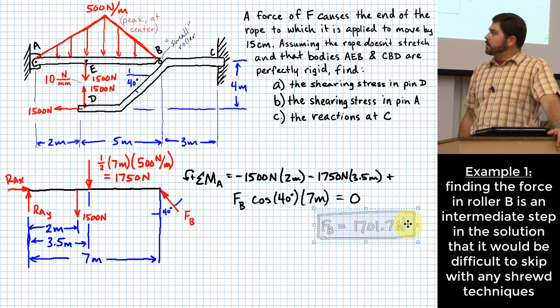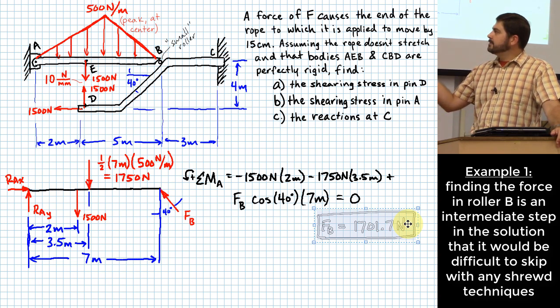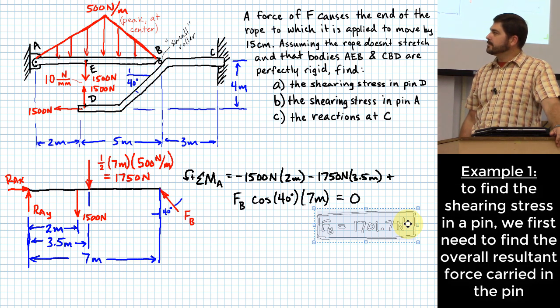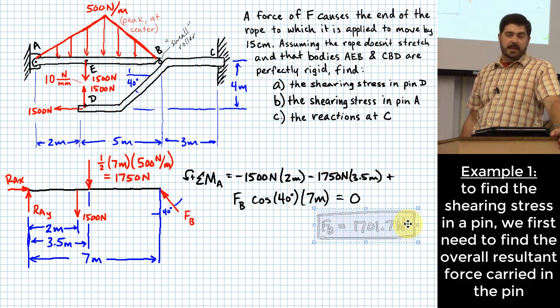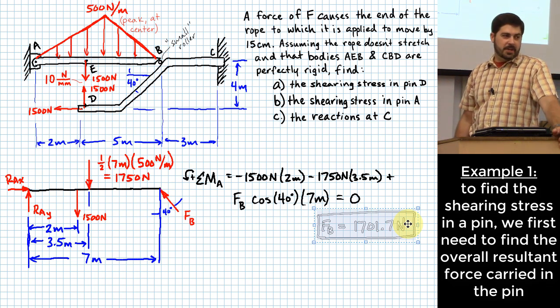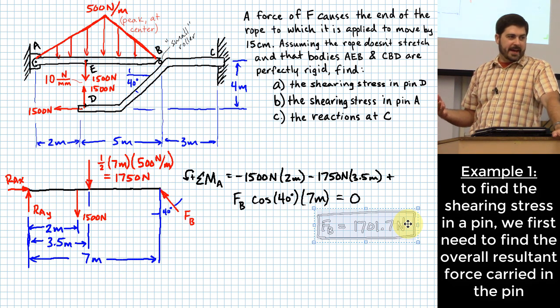So there's one answer. Were we supposed to find that? No, but it's going to be helpful for us anyway for the things that we are supposed to find. Like what? Okay. Well, one of the things we're supposed to find is the shearing stress in pin A, right? Actually, part A said we're supposed to find the shearing stress in pin D. We didn't solve anything to find that, right?